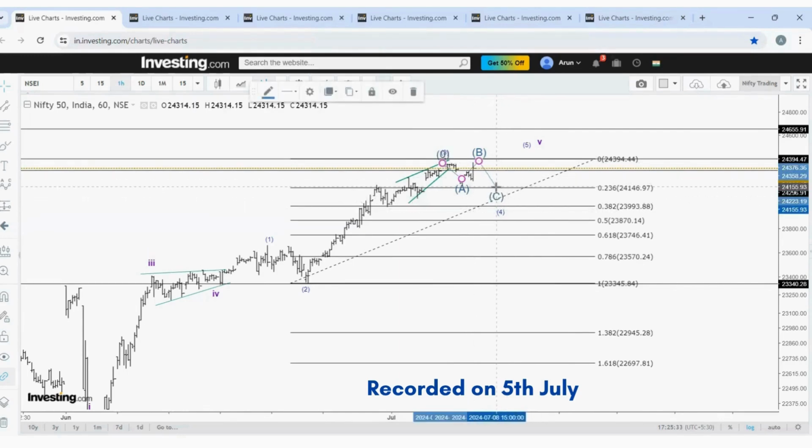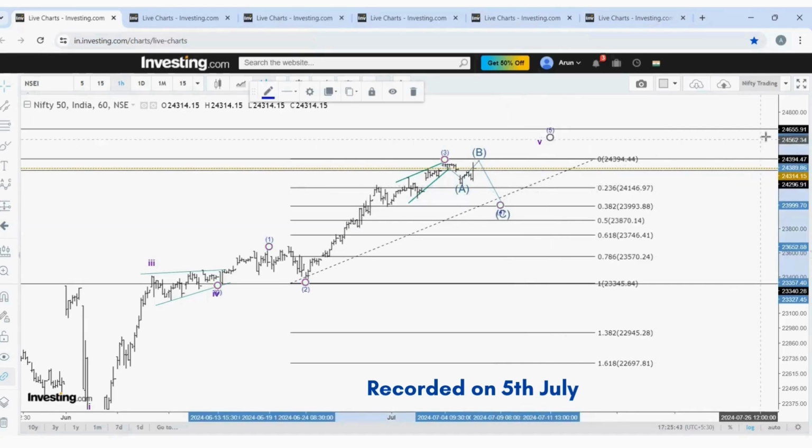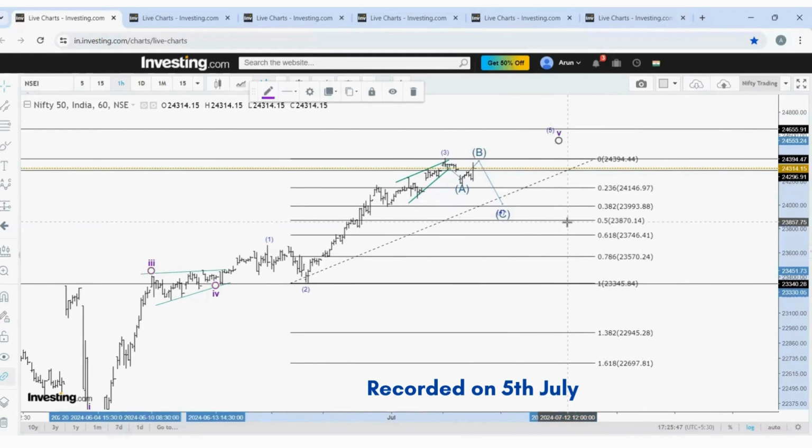Okay, it can even settle at 24,150. Maximum allowed is 23,990. Please understand that. And start to move higher, we can have this point as 24,650, right? These are some possible ideas, but we will see how the correction or sideways develops.